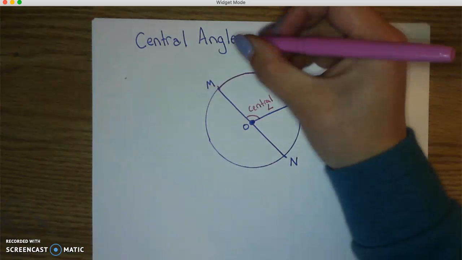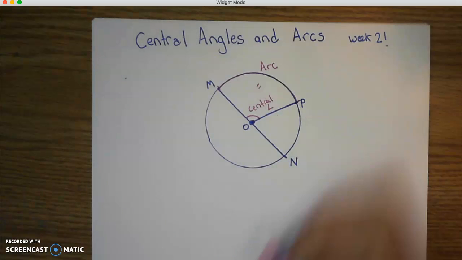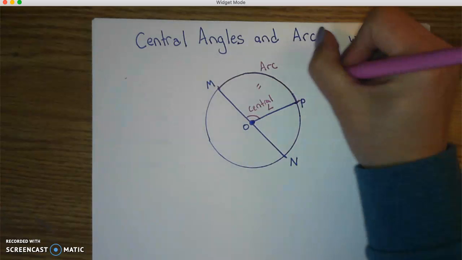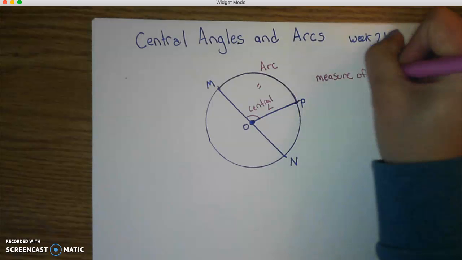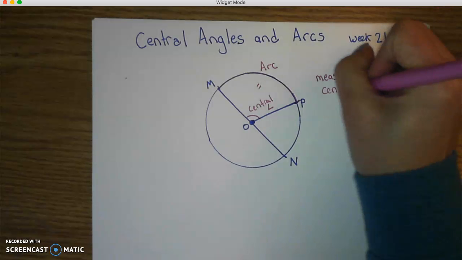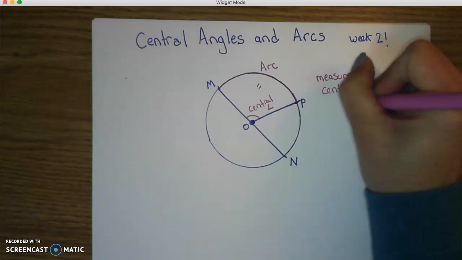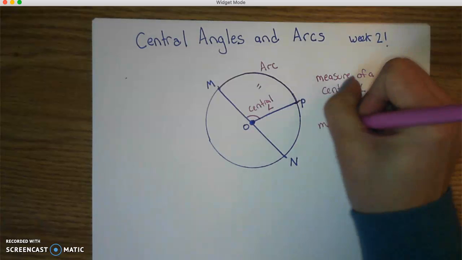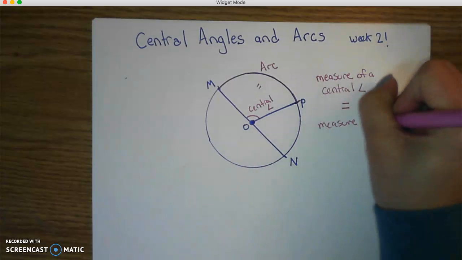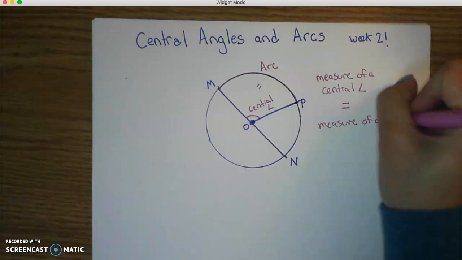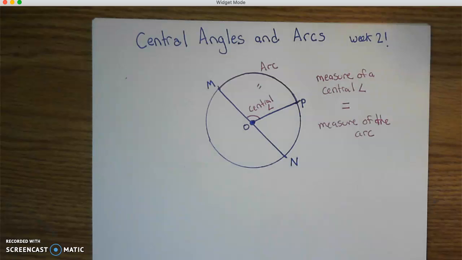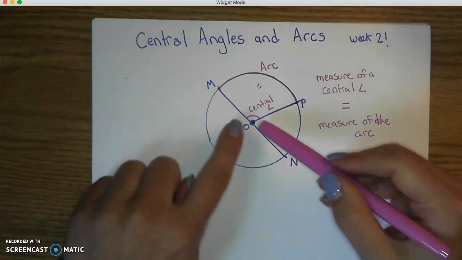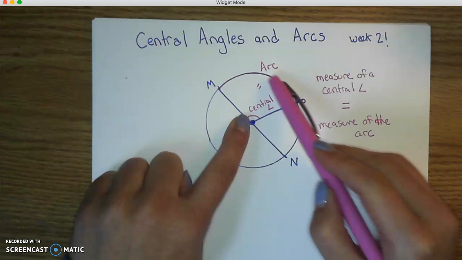The special relationship is that they are equal. So the measure of a central angle equals the measure of the arc.